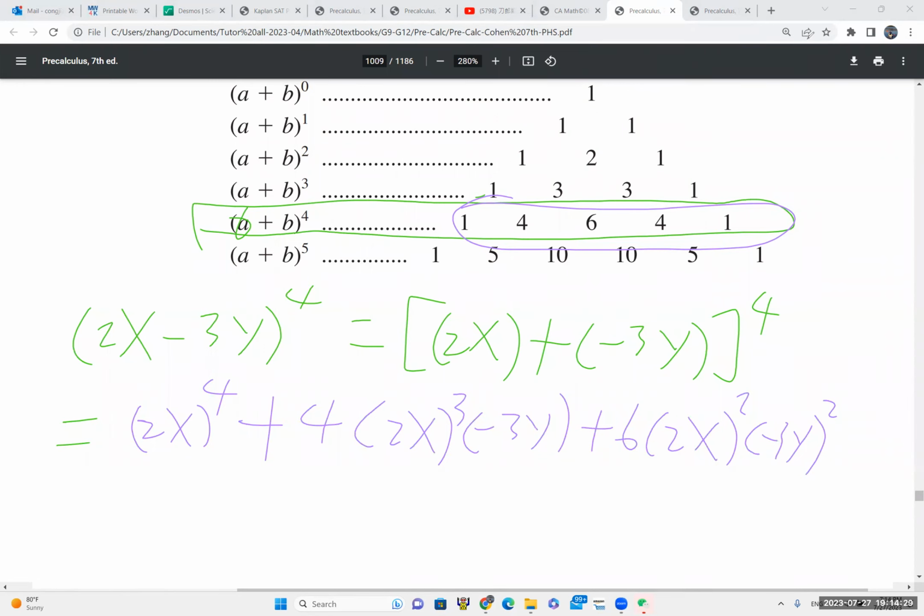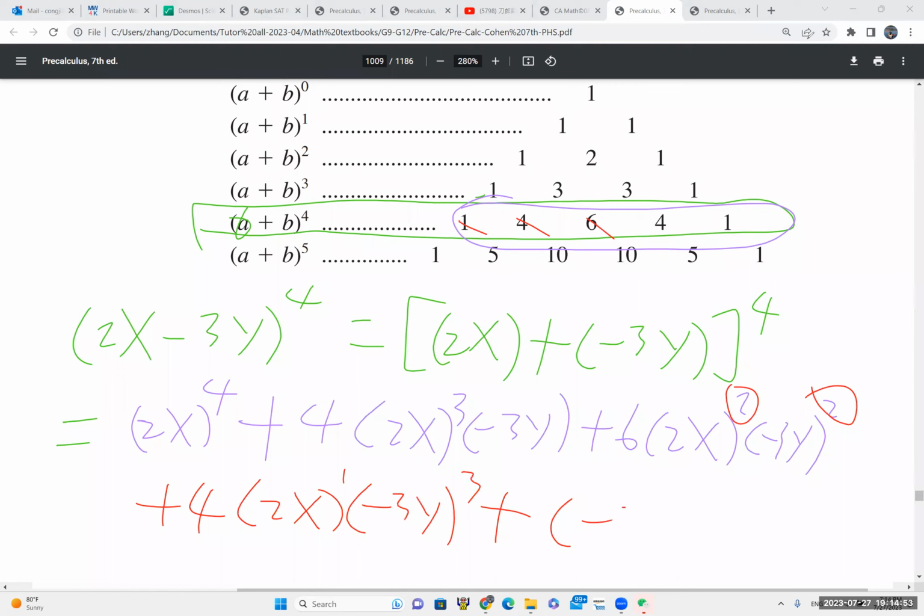The sum of the exponents always equals the degree 4, right? Then keep going, plus 4 times 2x to the first power times negative 3y cubed. Then last, negative 3y to the fourth power, right? Then once expanded, you can simplify.